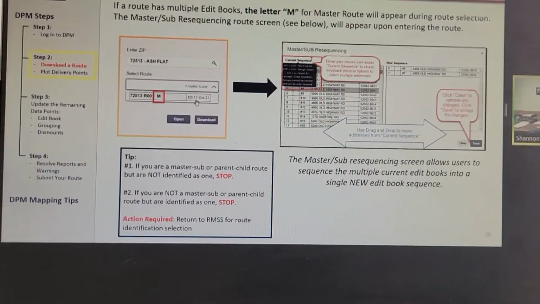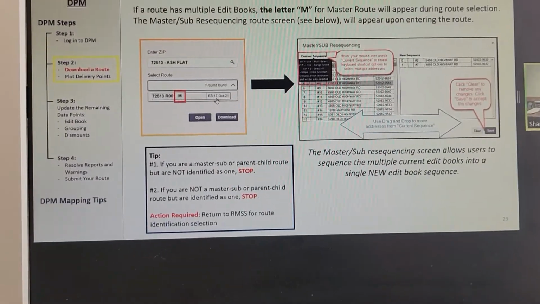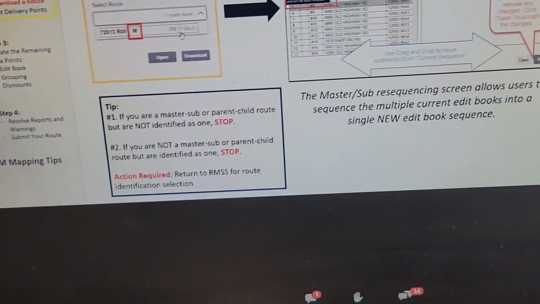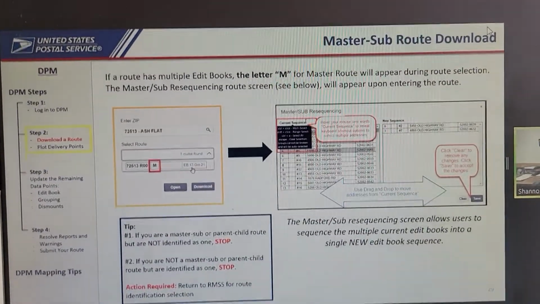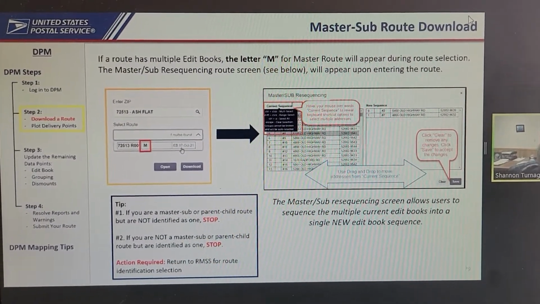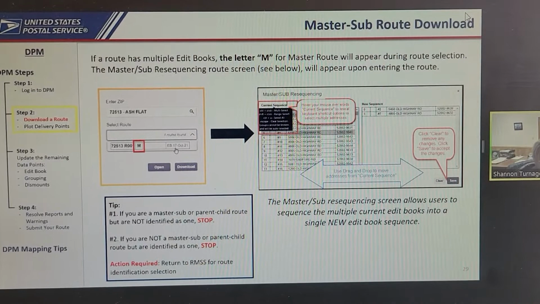On that left column, you're going to have the sequence that we threw the addresses in there. But we need you to put it in the proper sequence. So you're going to move those addresses to the right-hand side under the new sequence to tell us what the correct sequence is, and then save, and then you'll be able to proceed. So again, this is only for our complex routes, and they'll have that M indicated beside them, indicating they are a master sub route.